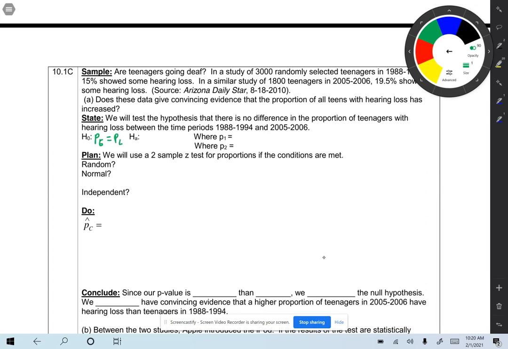And the alternative, the proportion in the earlier years will be less because the proportion in the later years had more hearing loss. Where P1 equals, I'm going to just rewrite this. It's a good habit when you're doing a free response. So it's the actual proportion of teens 1998 to 1994 going deaf.